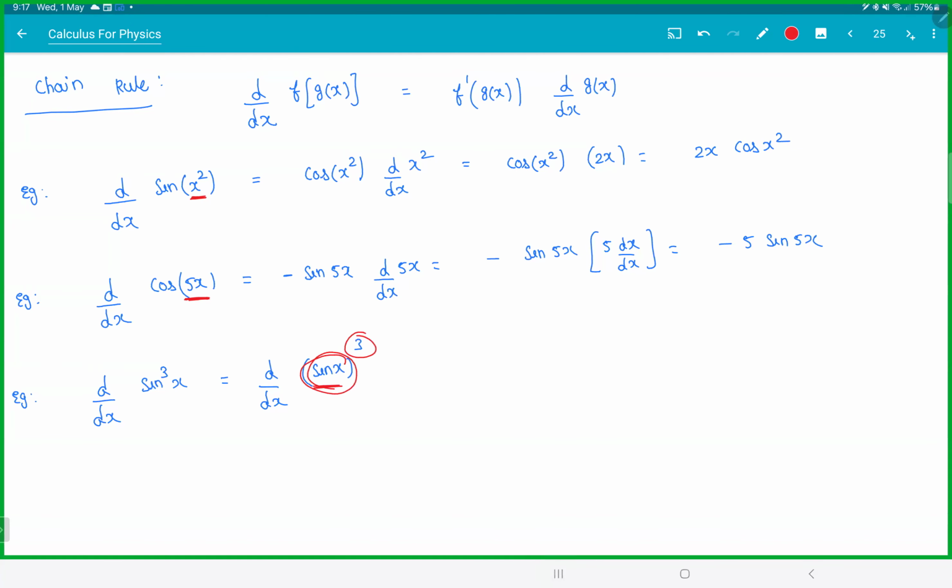So this is looking like which identity? The second one, x power n ka formula. So something to the power of 3. So 3 into that some function n minus 1. But inside it is not x. So differentiate whatever is inside. So this will be 3 sine square x, and differential of sine x is cos x.